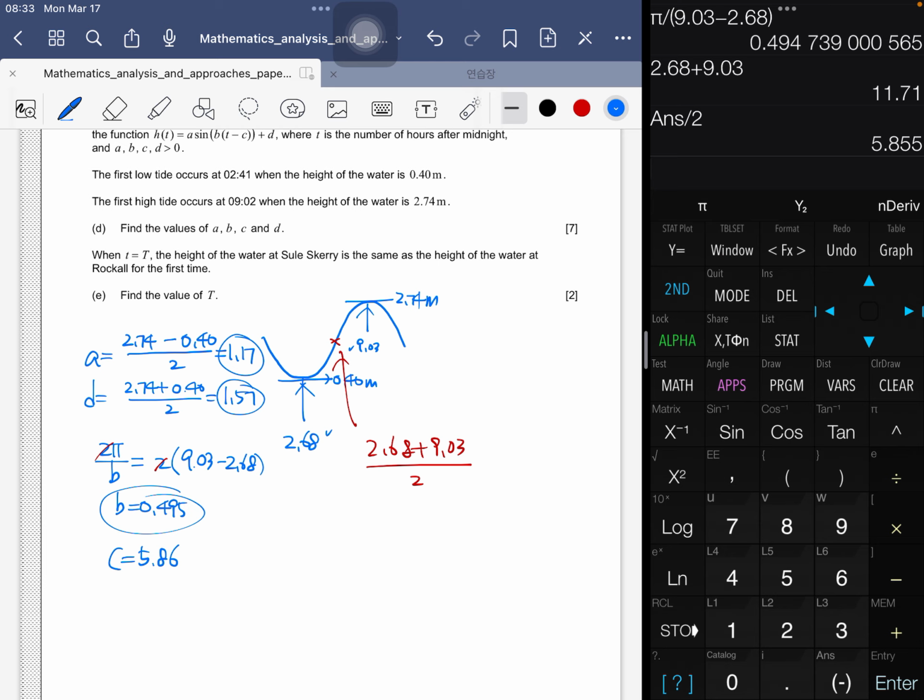If the C value is 5.86, it should be less than half period. Yeah, it is roughly less than half period, okay?